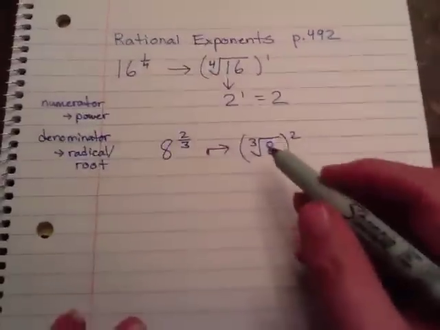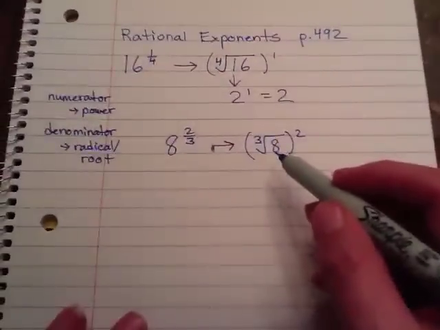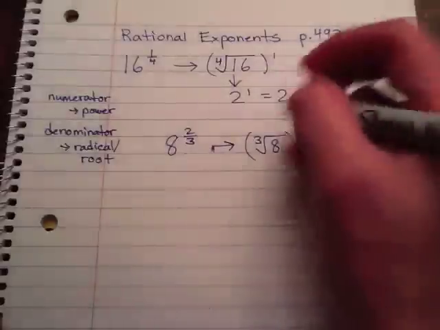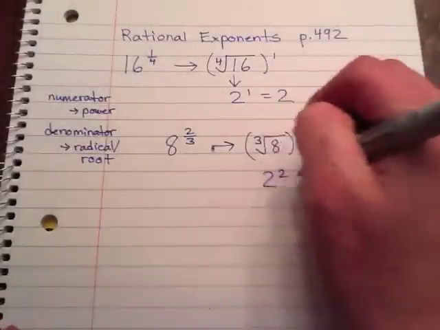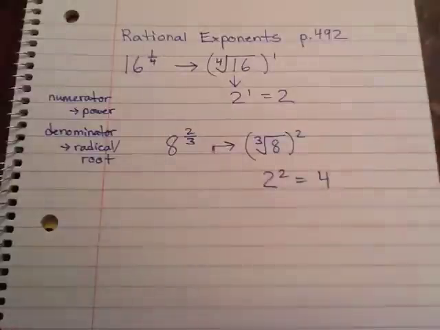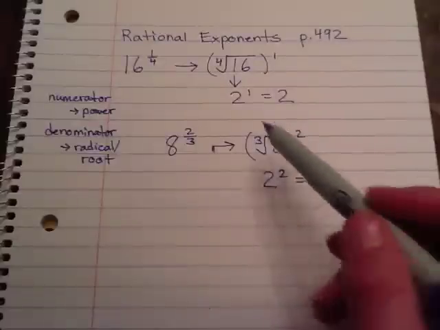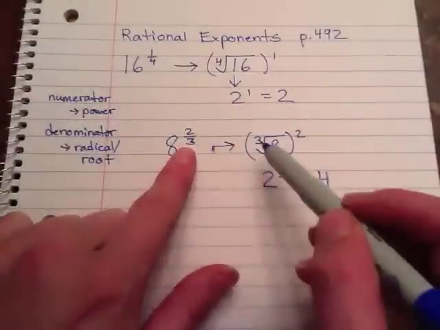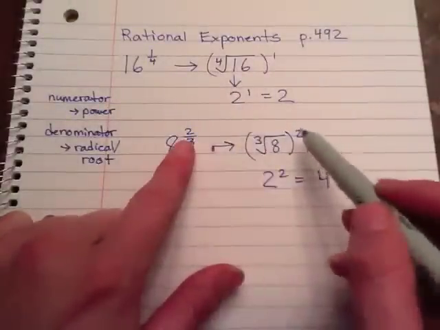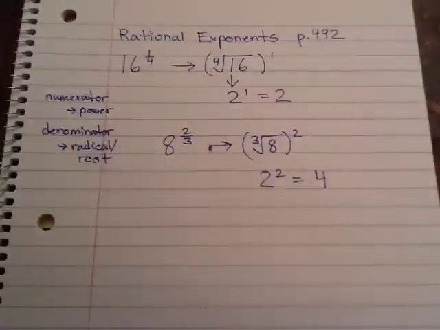So what times itself 3 times gives you 8? It's 2, and then you're going to square that answer, so 2 squared is 4. So you just have to get used to memorizing that the denominator becomes your root, and the numerator becomes your power after you take your root.